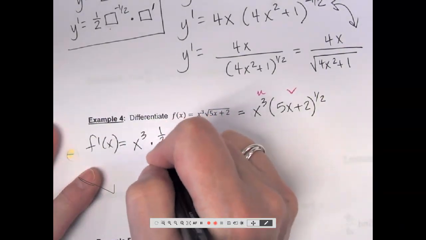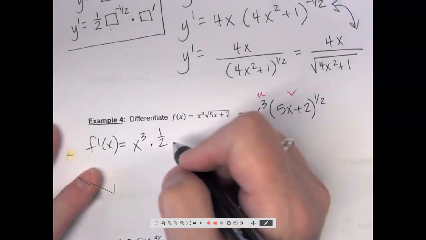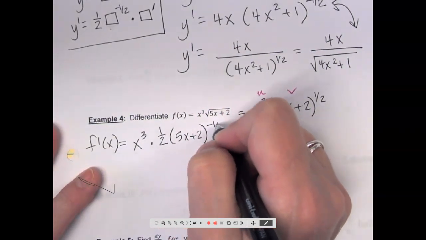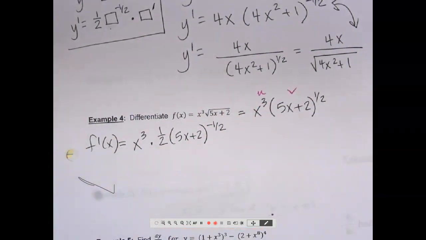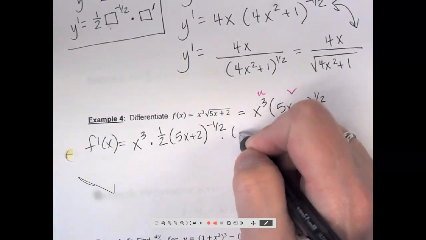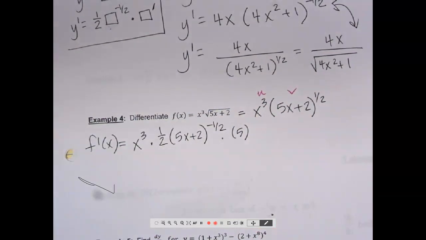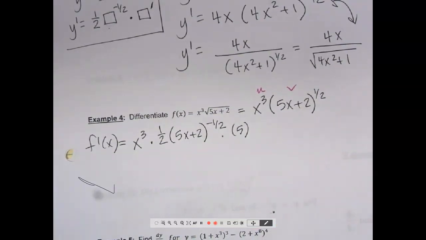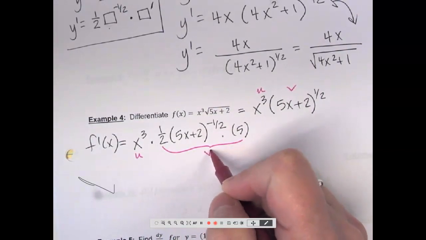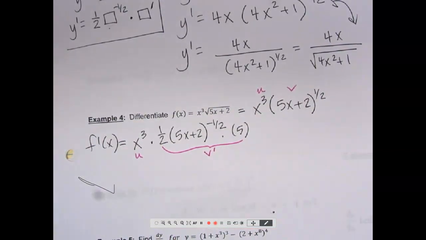So it comes down front. 5x plus 2 is now raised to the negative 1/2. But I have not taken the derivative of the 5x plus 2, so I'm going to multiply by that derivative, which is just 5. Okay, so this is U, and all of that is V prime.